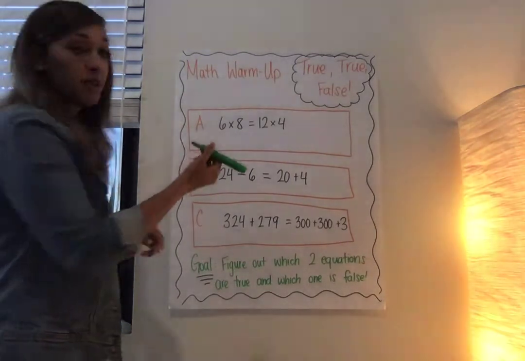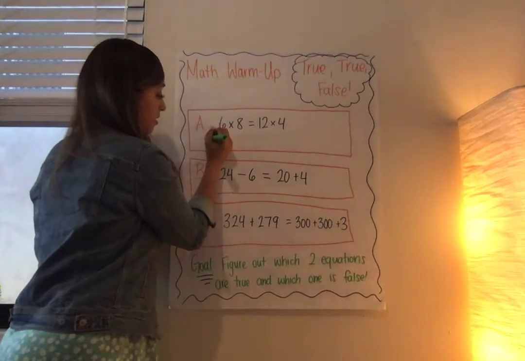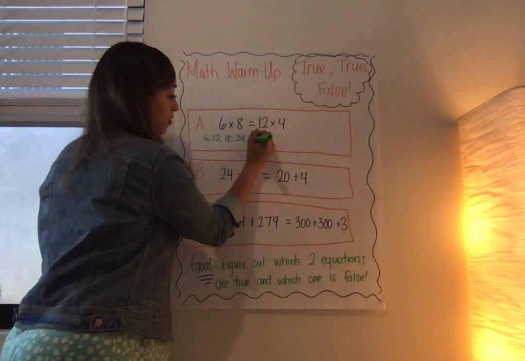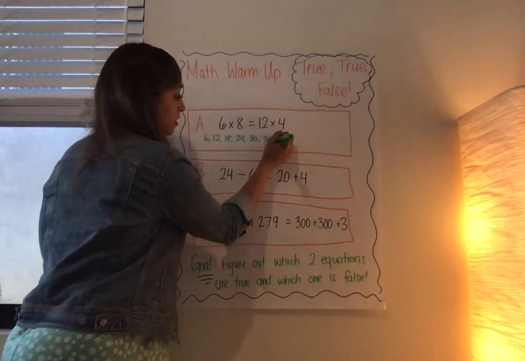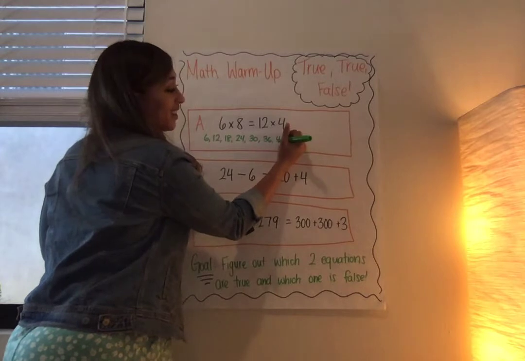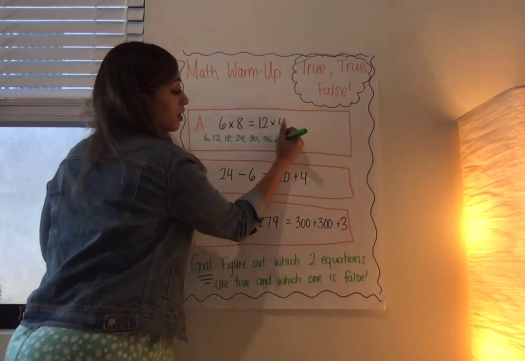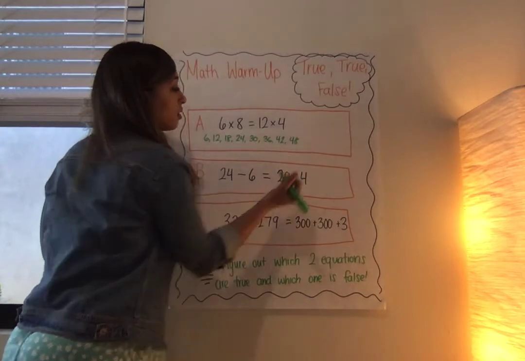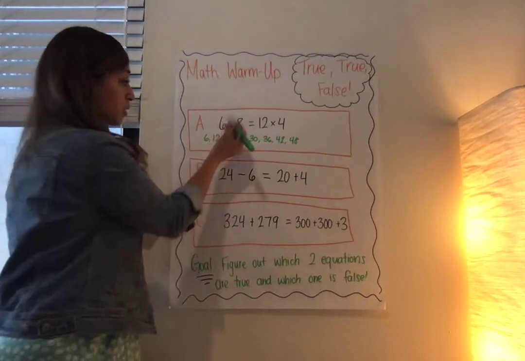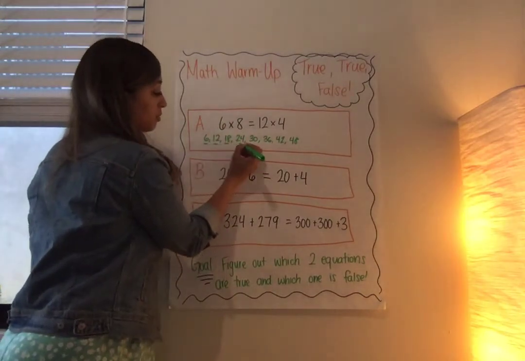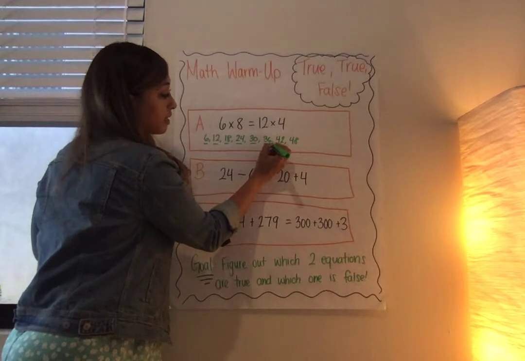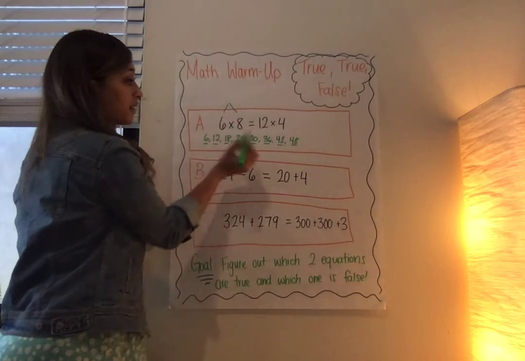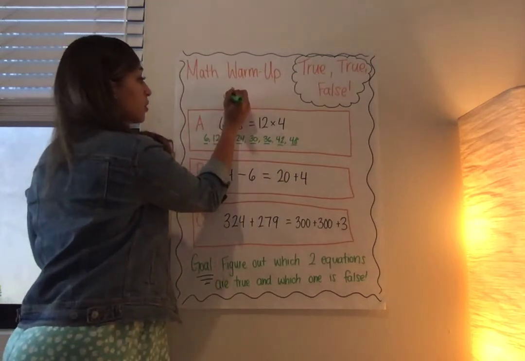Some kids might think of this one as a skip count, so they might skip count 6, 12, 18, 24, 30, 36, 42, 48. So 8 times would be 6 times 1, 6 times 2, 6 times 3, 6 times 4, 6 times 5, 6 times 6, 6 times 7, 6 times 8. So then they could go back and figure out that this side of the equation is equal to 48.